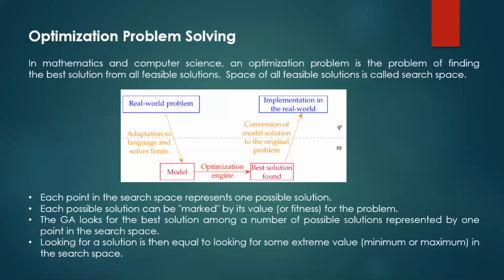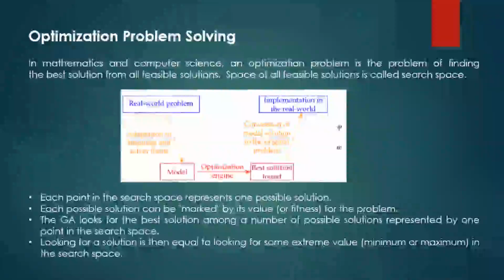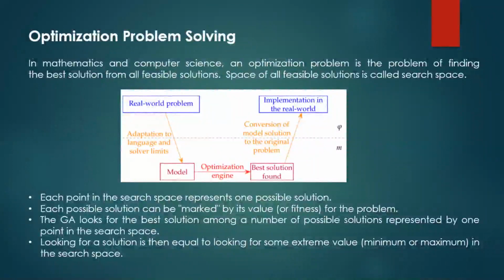So here I have also mentioned that the solutions are marked by a value called fitness. On that basis only we are going to select our solution. Here we are checking for the best solution, which is also a part of the search space only. Generally, whenever we are solving our problem using any particular solution model, we define our objective function.